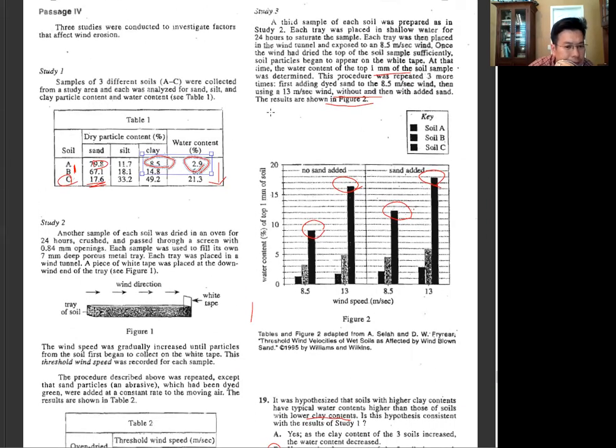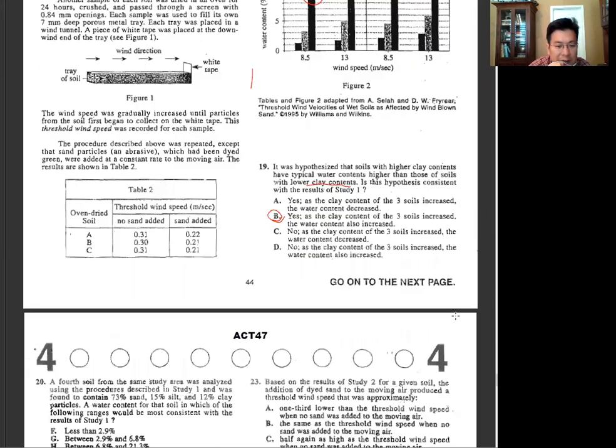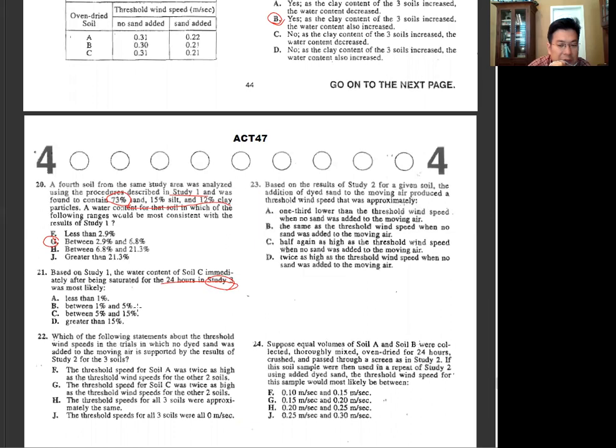Study 3, right now. It says based on study 1, that you have to use study 3, right? So the soil C is sand this much and clay this much and everything is here. So sand is already there, so we have to choose on the right side of it, and then between this 15, like around this one, what to find. I think the closest one is 5 and 15.